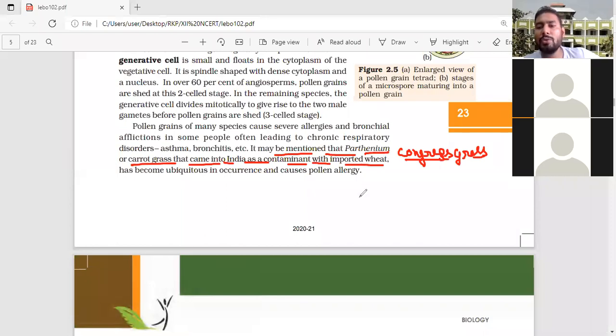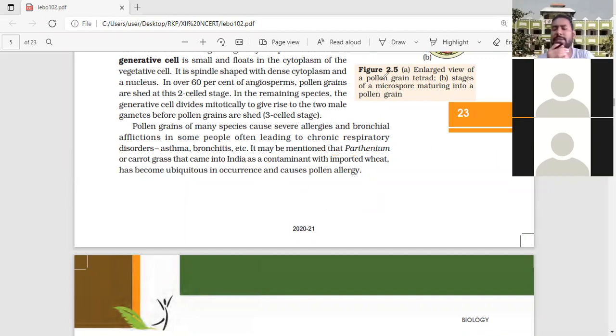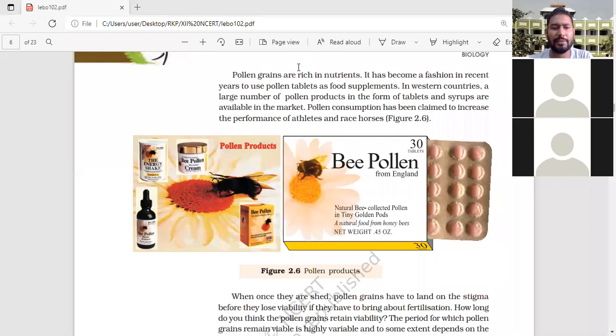Now they have occupied maximum space in India because they have too much ability to occupy spaces. This is the weed, unwanted, and it has become ubiquitous in occurrence and causes pollen allergy.